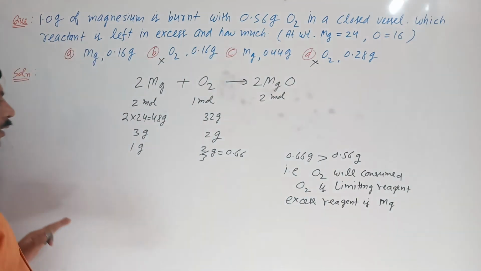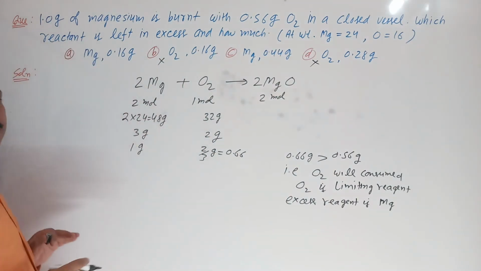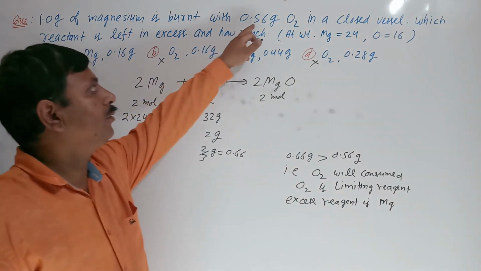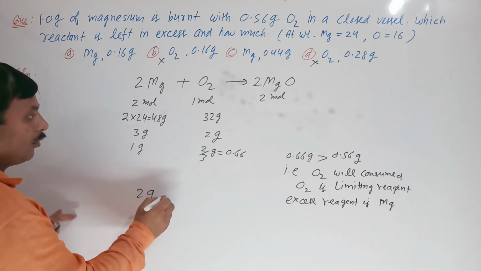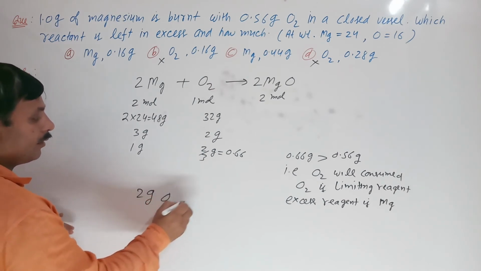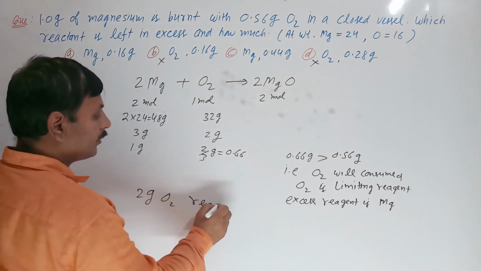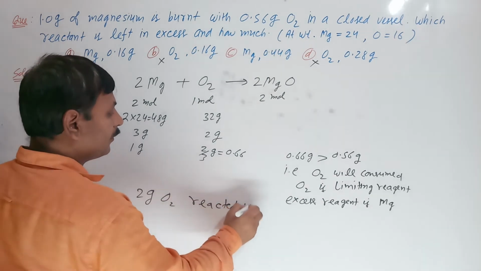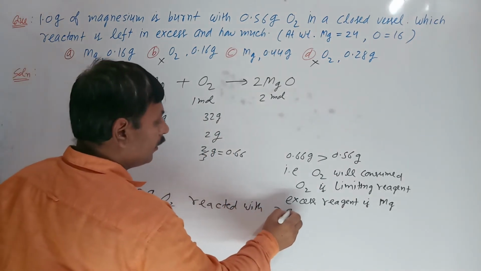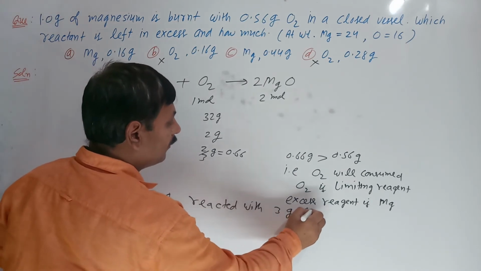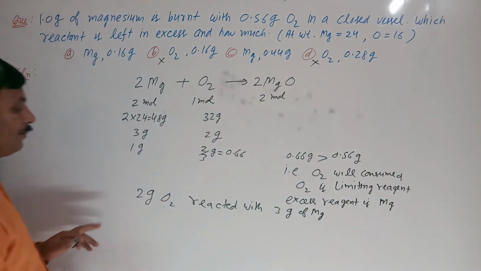So see here, 3 gram reacted with 2 gram. 2 gram oxygen reacted with 3 gram of magnesium.